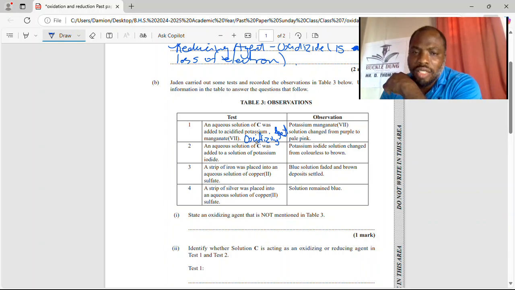As a matter of fact, they could have even given you just the reagent and you're supposed to know it's acidified potassium manganate that they react it with. But they give you what happened. Potassium manganate 7 solution changed from purple to pale pink. Yeah? In the second one, an aqueous solution of C was added to a solution of potassium iodide. Potassium iodide is a what?